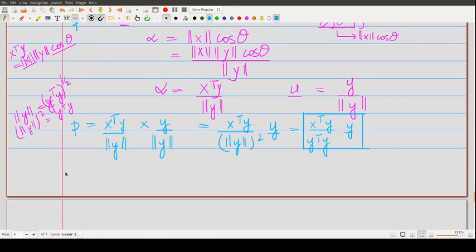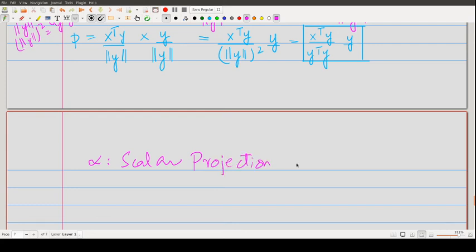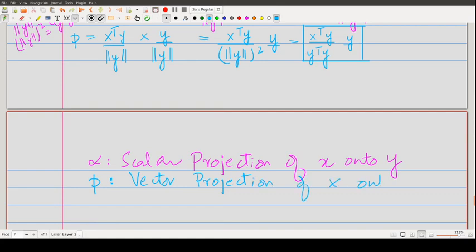And so let's just write these down. Alpha is called the scalar projection of x onto y, and P is called the vector projection of x onto y.